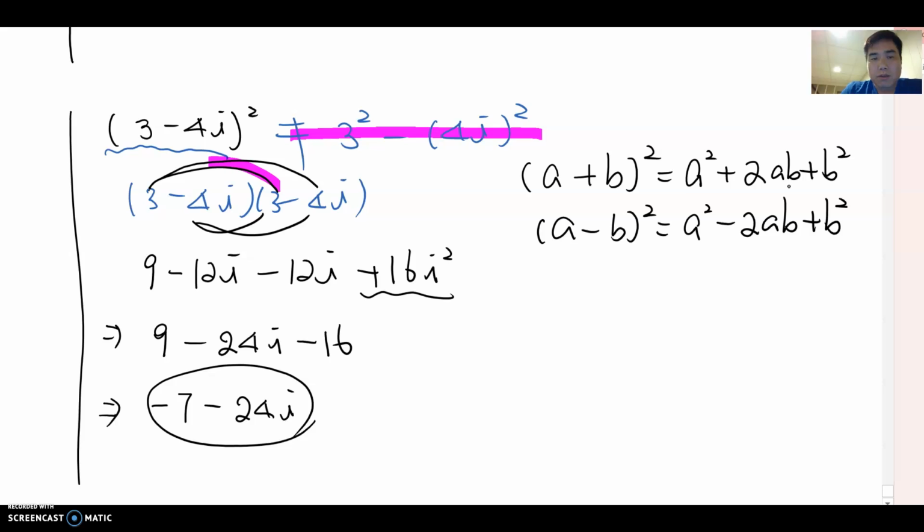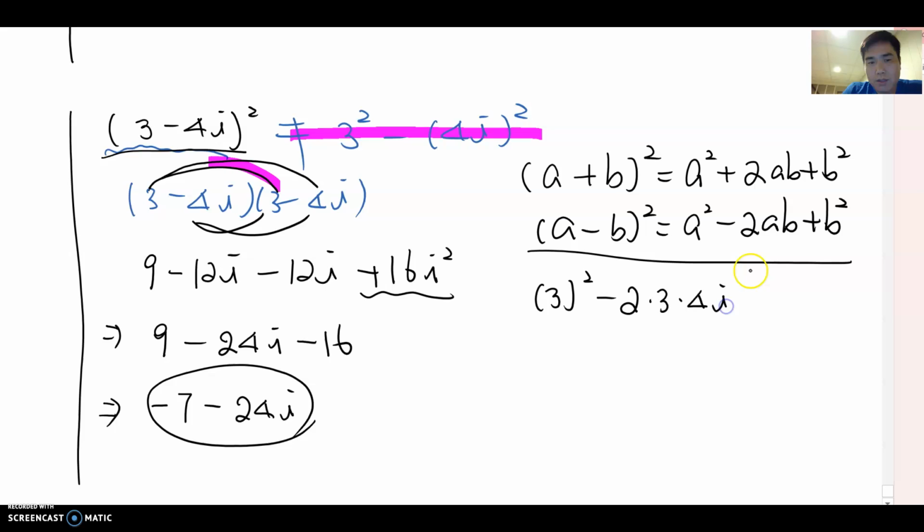This one looks like this property, so I'm going to use this property. Then it becomes 3 squared minus 2 times 3 times 4i, plus 4i squared.